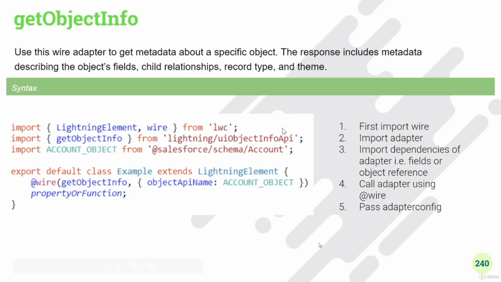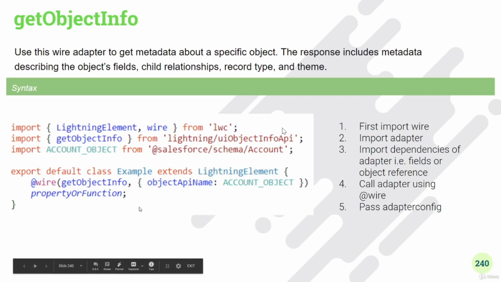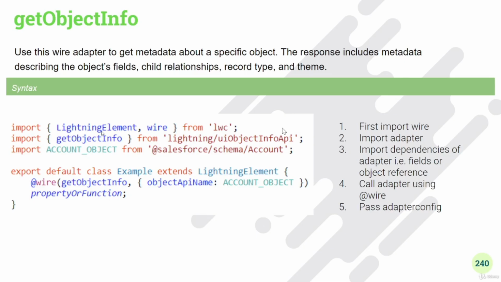The syntax is almost the same as we have seen in the wire service syntax. So first we have to import the wire, then we have to import the adapter. In this case, getObjectInfo is our adapter name, and we are importing that adapter from the UIObjectInfo API module. Then we'll pass that adapter name to the wire service.